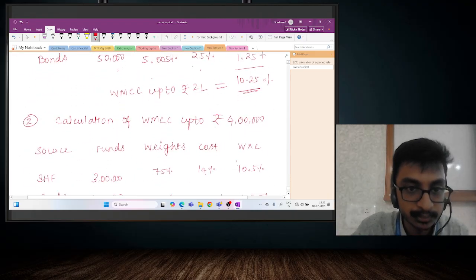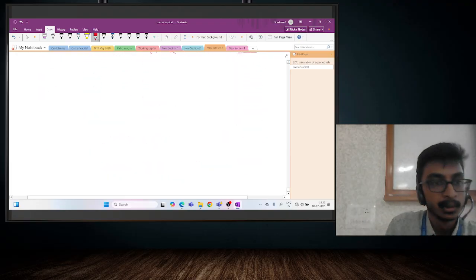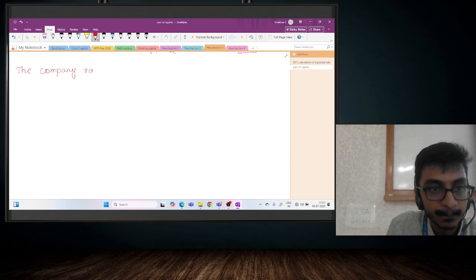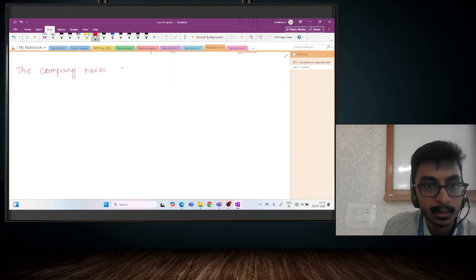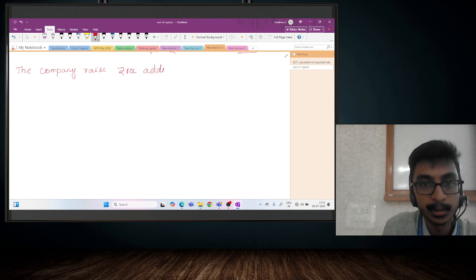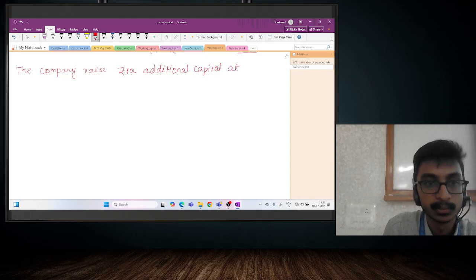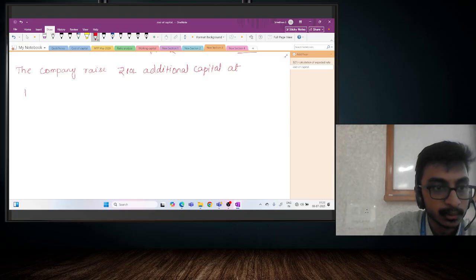So write down: the company can raise rupees 10 lakh additional capital at 14.75%.